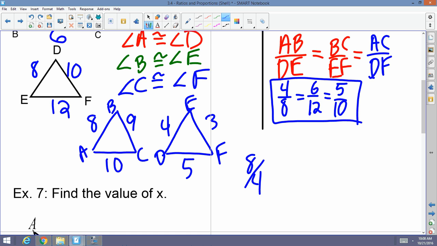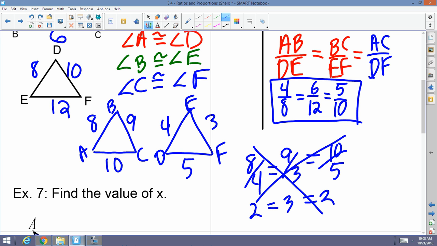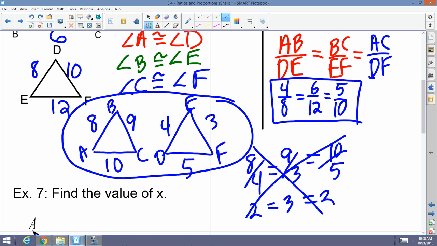BC goes to EF. Are those equal? And AC goes to DF. Are all of those proportional? No. This is 2, this is 3, this is 2. So are these figures similar? No, they're not similar. But yes, if they're similar, the corresponding angles are congruent and the corresponding sides are proportional, always. Is everyone with me here, my brothers?